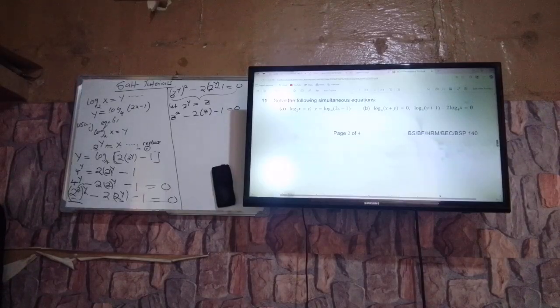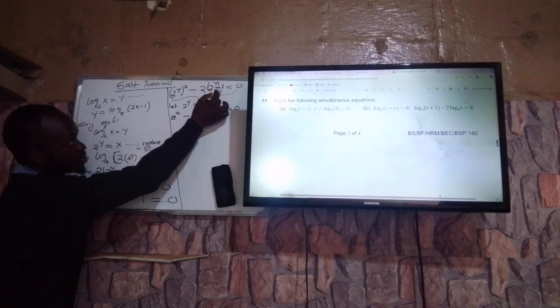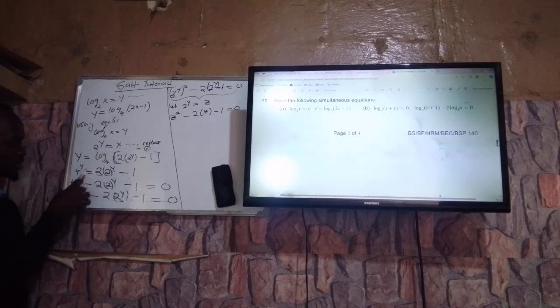So solving that as a quadratic equation, we need 2 numbers which, when multiplied, will give us a what? A negative 1. So let's go back. This negative 1 came from here. Remember, this was 2 power y minus 1. Everything came this side.